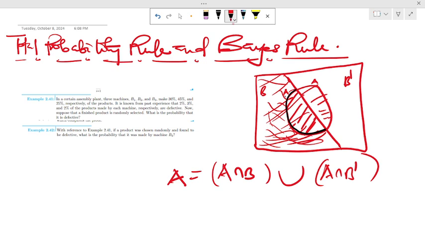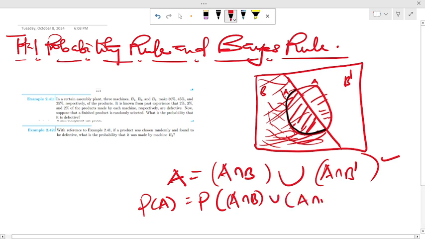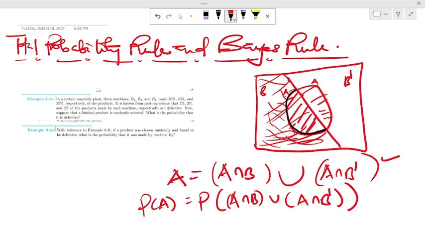So if this is true, and if we can see that on the Venn diagram, then the probability of obtaining A can also be represented by the probability of this whole expression. If that is true, you can confirm this set notation by giving yourself two events, then you confirm whether that is true.